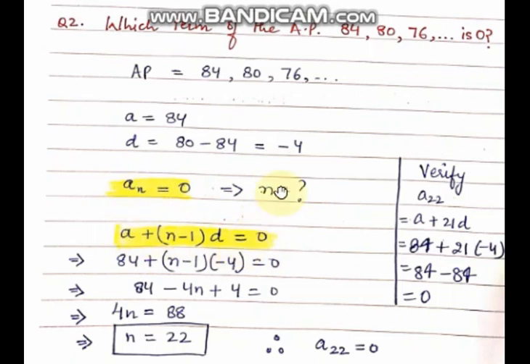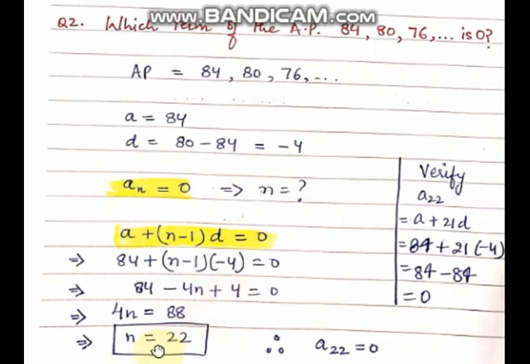The target is to find n. Substituting the value of a, which is 84, d which is minus 4, and simplifying the brackets, solving for n, it gives me 22.